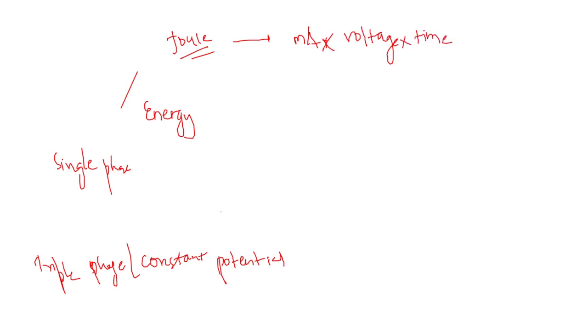For triple phase or constant potential, voltage is equal to kVp. So for constant potential, joule is equal to kVp into milliampere into time.